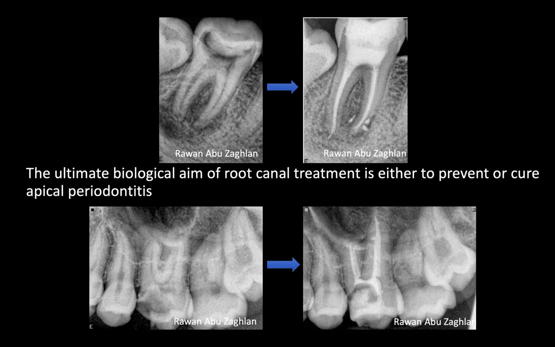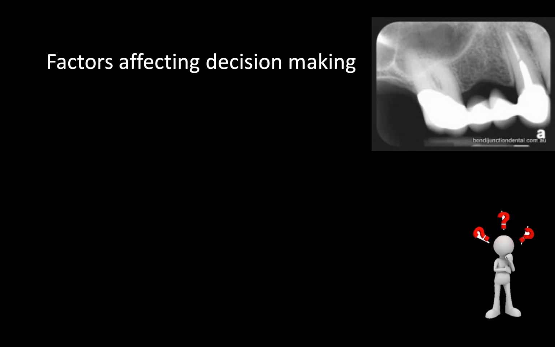Non-surgical options should be our first choice when treating apical periodontitis. However, when this option is impractical or the non-surgical approach is unlikely to improve on previous results, then periapical surgery will be indicated. To make the right decision on whether periapical surgery is the best treatment option or not, the following factors should be taken into consideration.